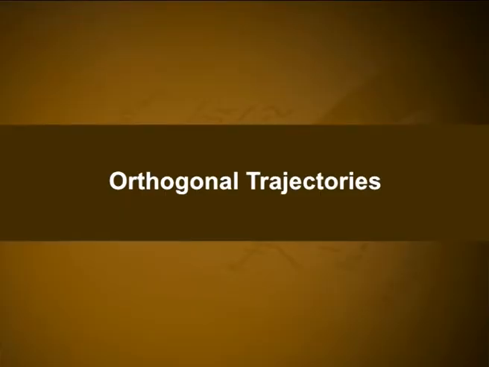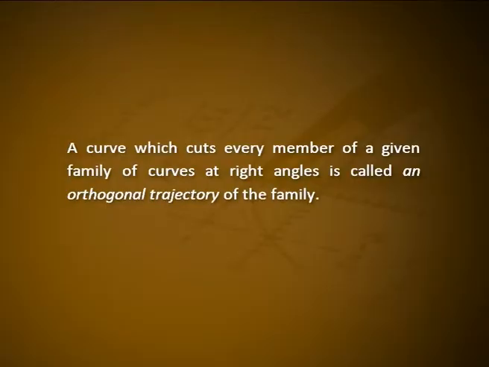Orthogonal trajectories. One among the many applications of differential equations is to find curves that intersect a given family of curves at right angles. A curve which cuts every member of a given family of curves at right angles is called an orthogonal trajectory of the family.